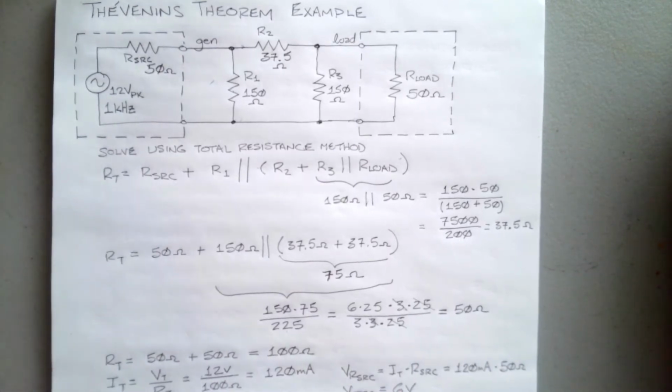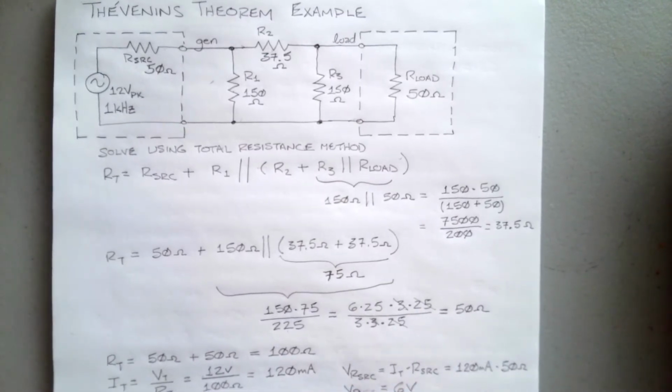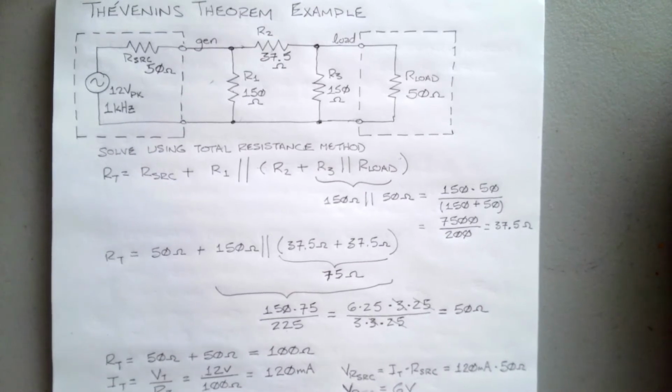Sorry, I got careless over here. And so we know that VR source is 6 volts, and so this is 12 volts minus 6 volts equals 6 volts.